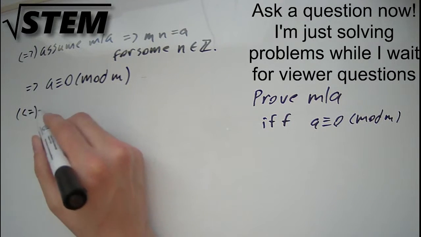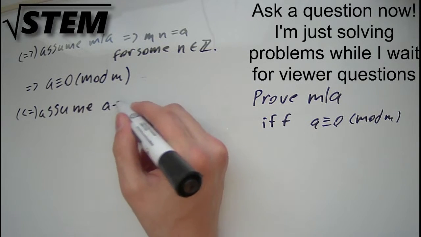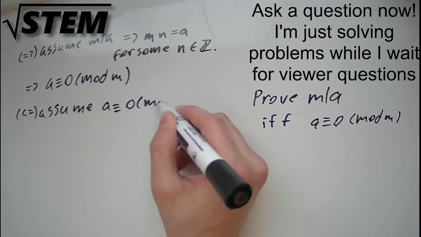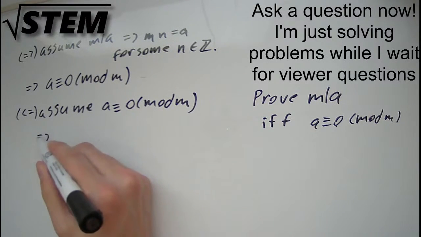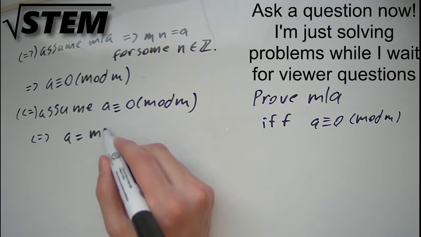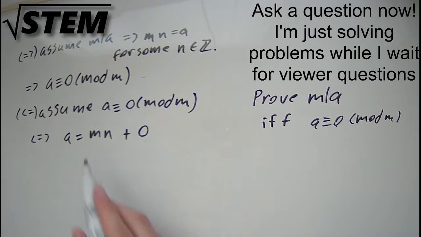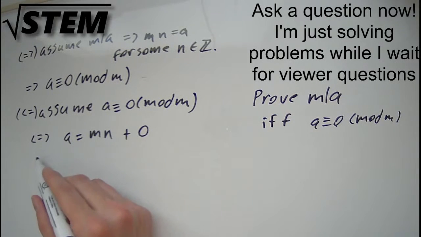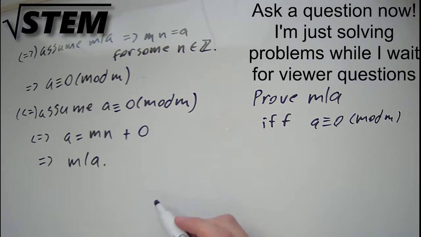So we assume that a is congruent to 0 modulo m. Well, that is just another way of saying that a equals m times some integer plus 0, and that is the definition of m dividing a.